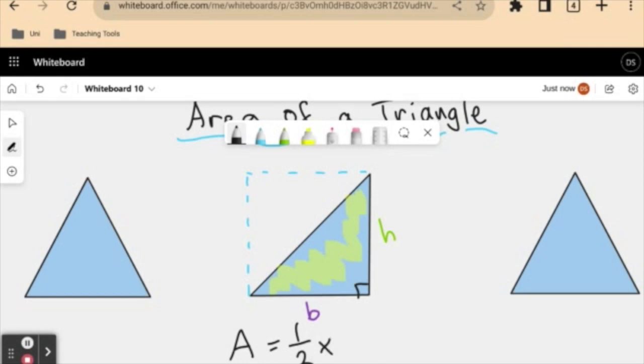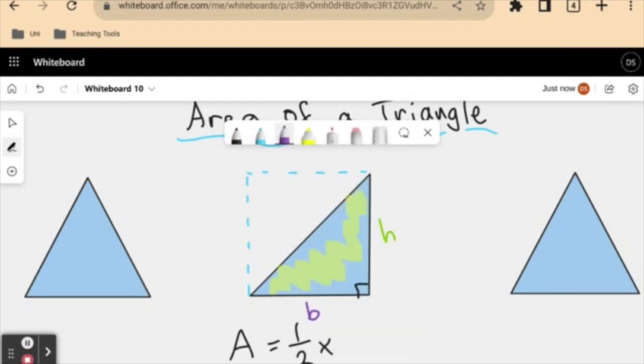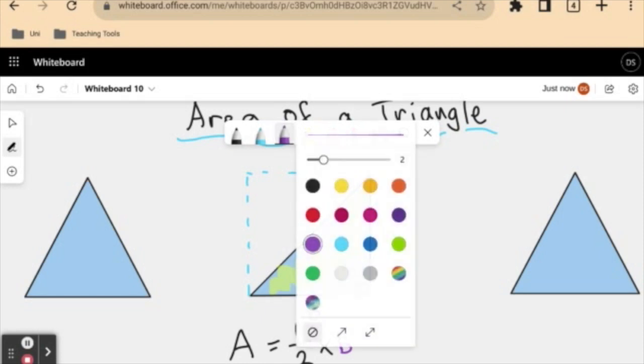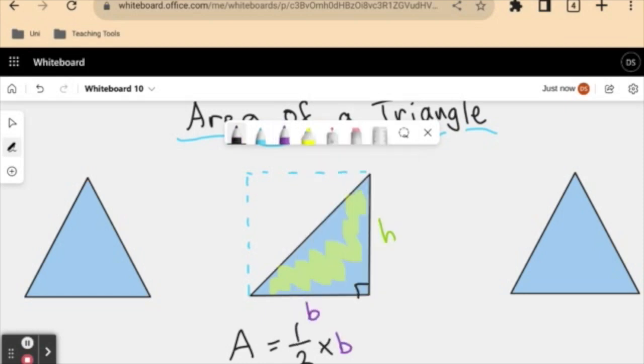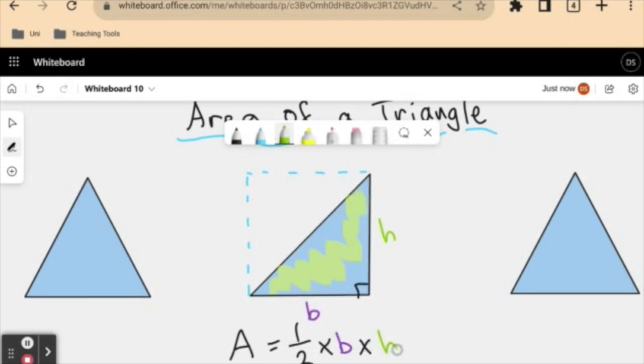But this was half times our base length, multiplied by our height. And this being a perpendicular height because we made a 90-degree angle here. So half the base times our perpendicular height.